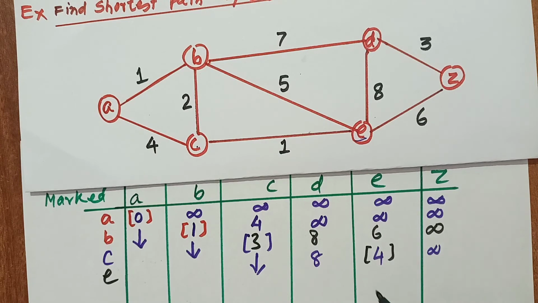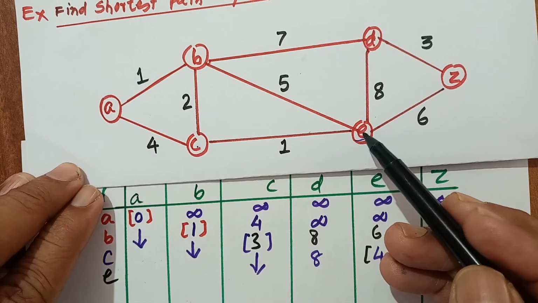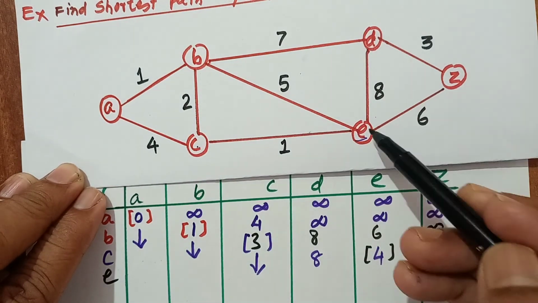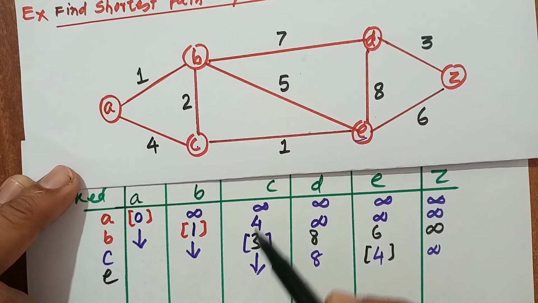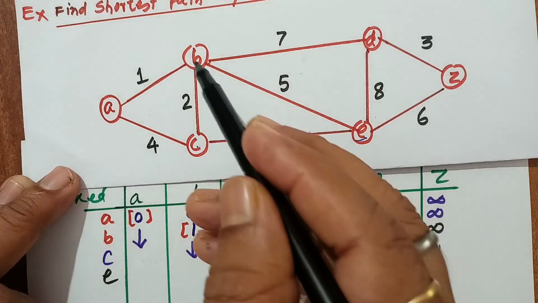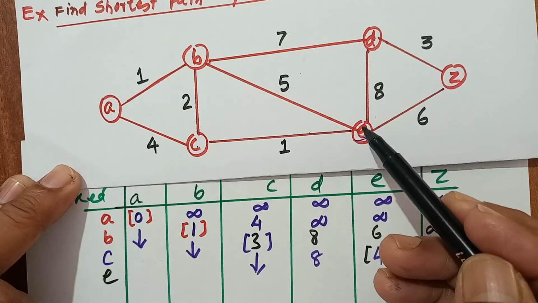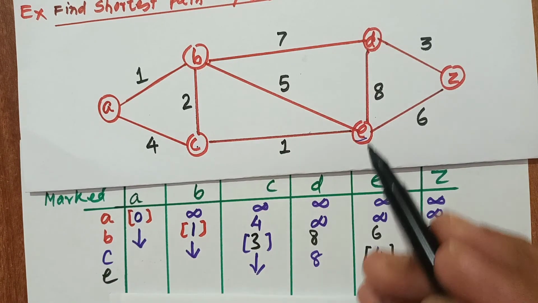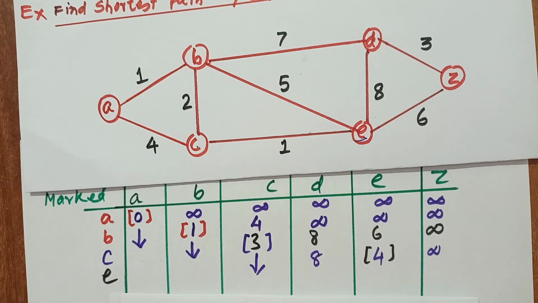Now you concentrate on E. How many vertices are directly connected to E? So C, B, D and Z. But C is marked, B is marked, only D and Z. Okay. So we calculate for D. So for D, E to D. Only you see E to D. So what is the formula?